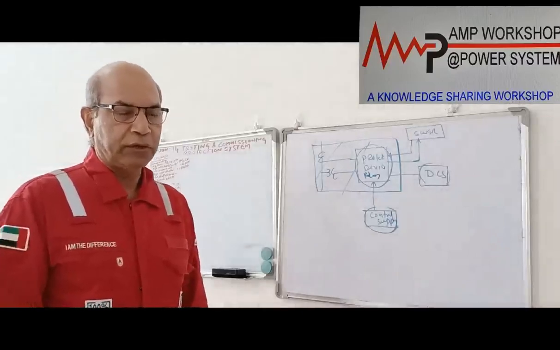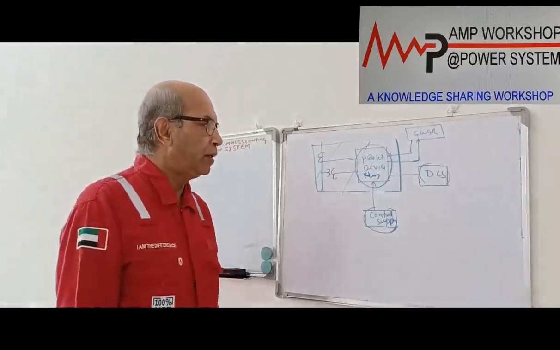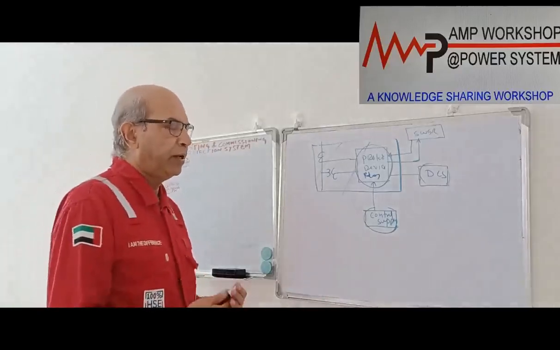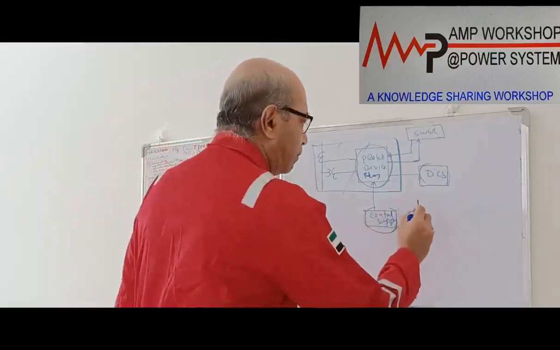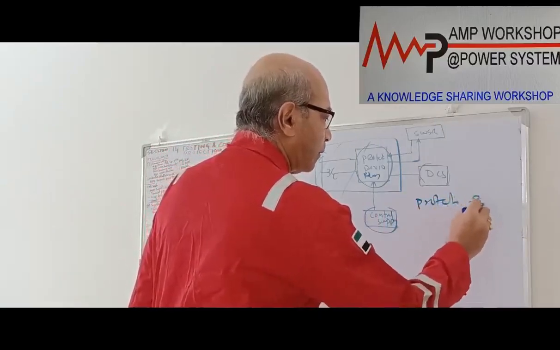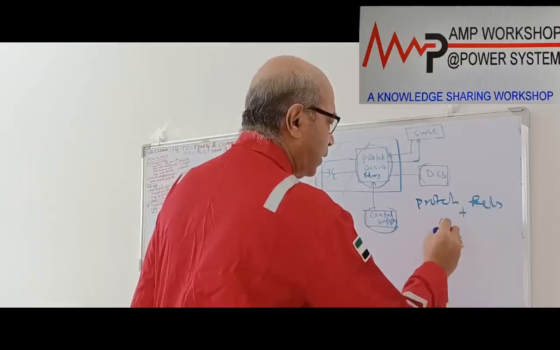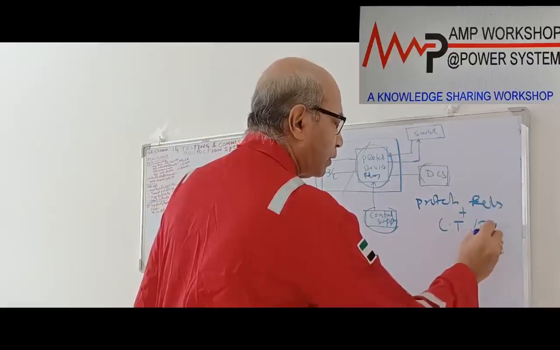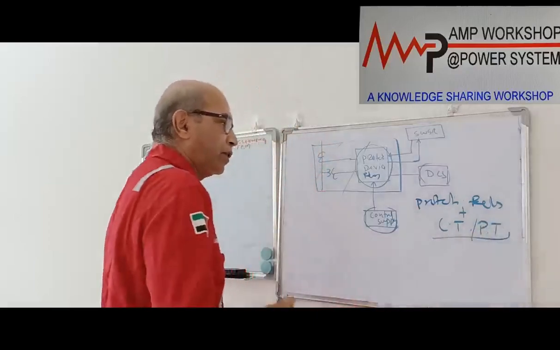So the protection system means the protection relay plus CT and PT, as the minimum components of the protection system.